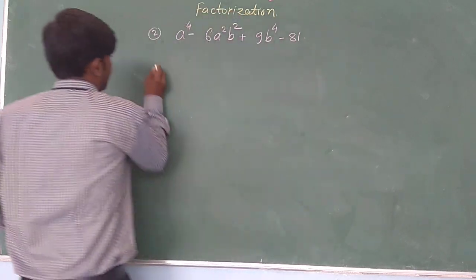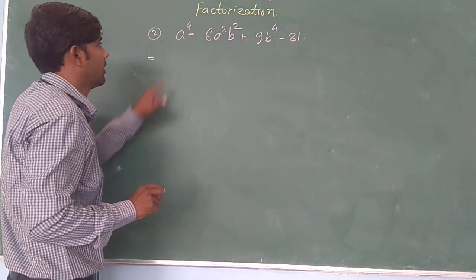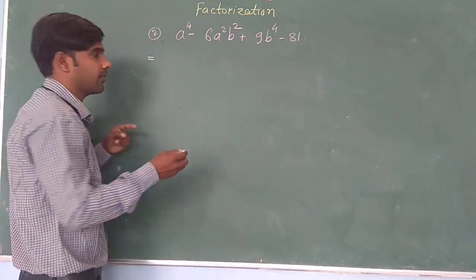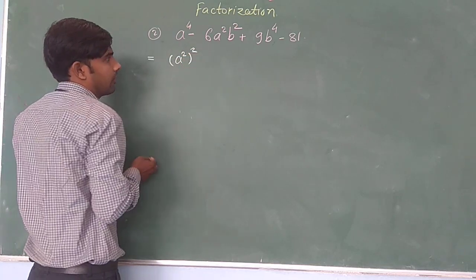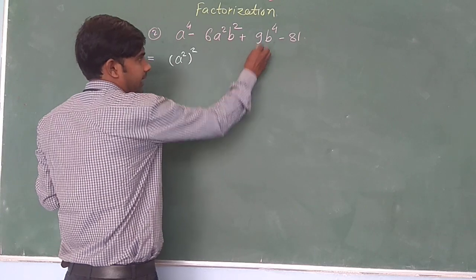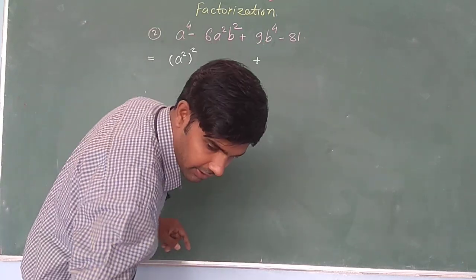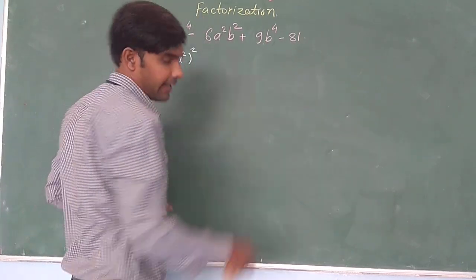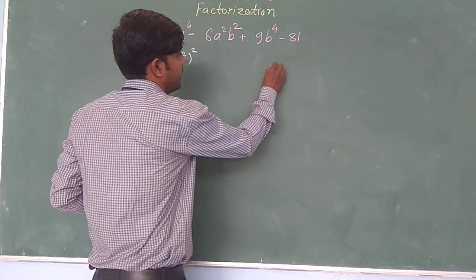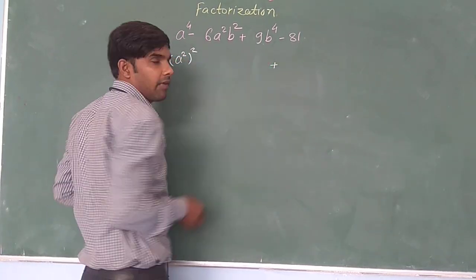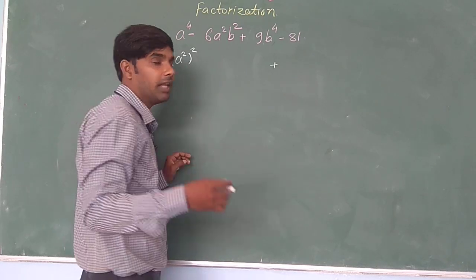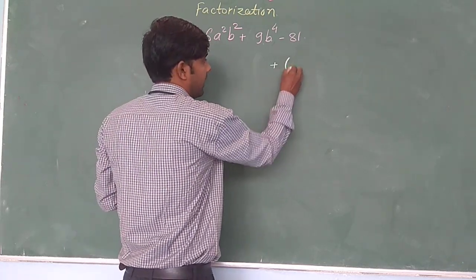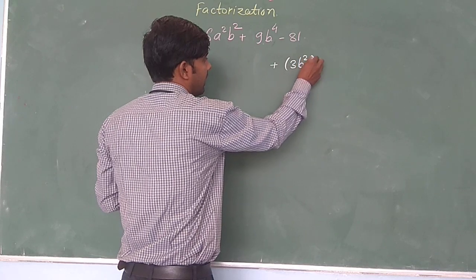So look here, solution is equal to, a raised to 4 is the square of a square. I write the third step first, then you will get some idea. Plus 9 is the square of 3 and b raised to 4 is the square of 3b square. So we write here 3b square, square.